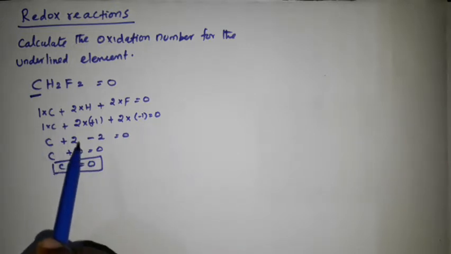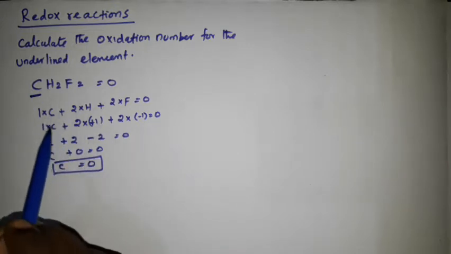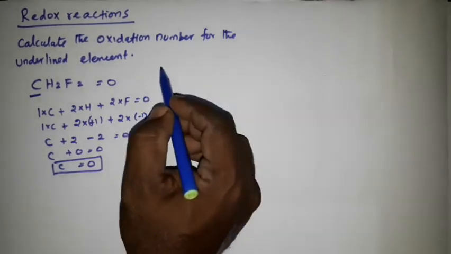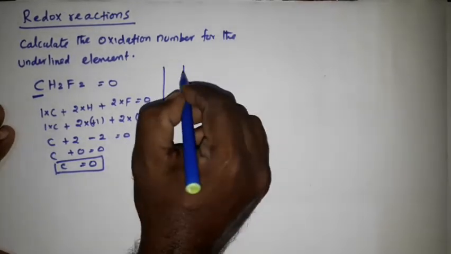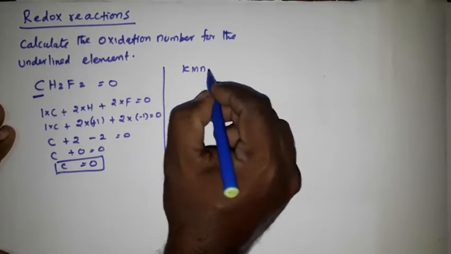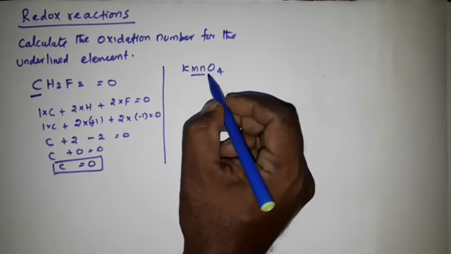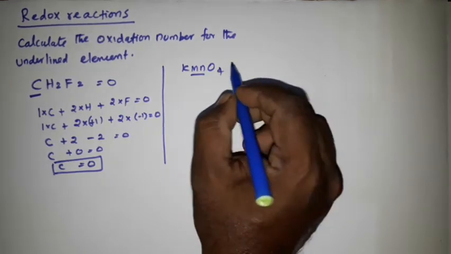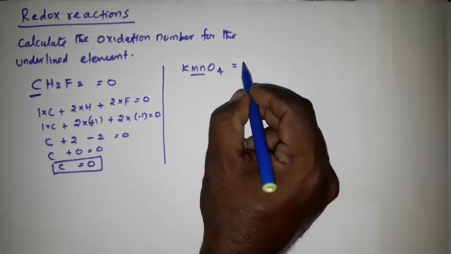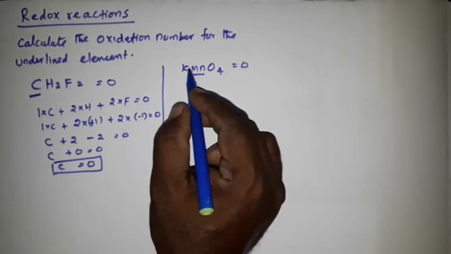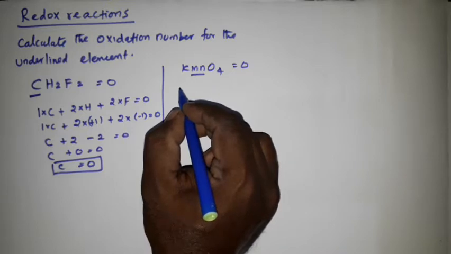Clear? So this we already discussed in the previous class. I will give one more example. Now KMnO4, this is called potassium permanganate. Calculate the oxidation number of manganese. Mn means manganese. So keep the compound oxidation number as 0. Potassium is in the first group, so always plus 1.